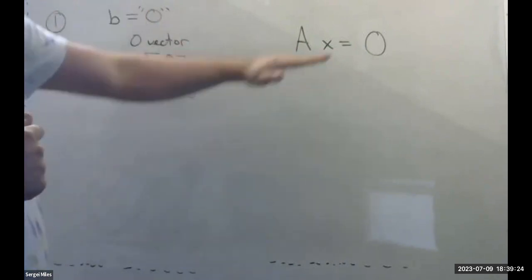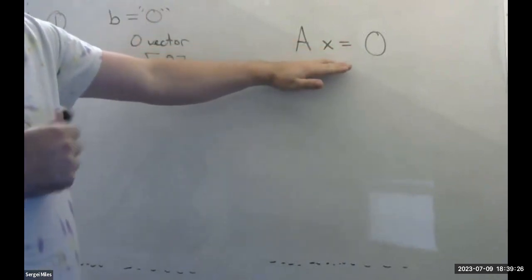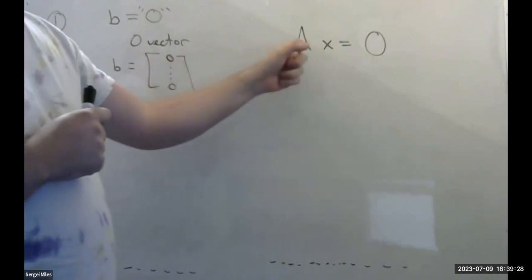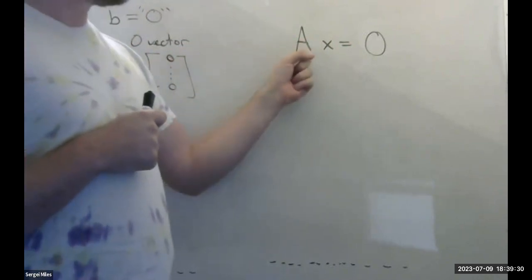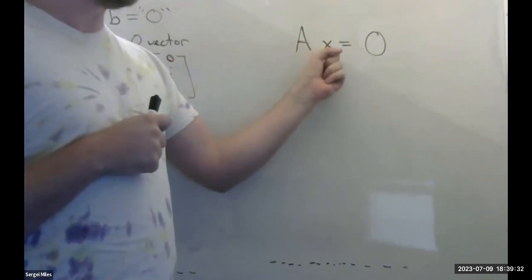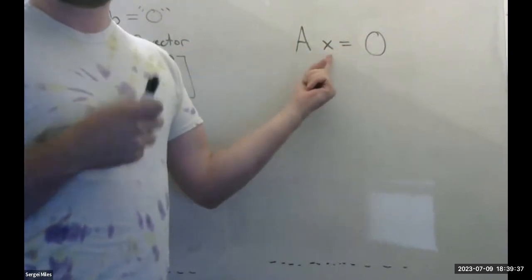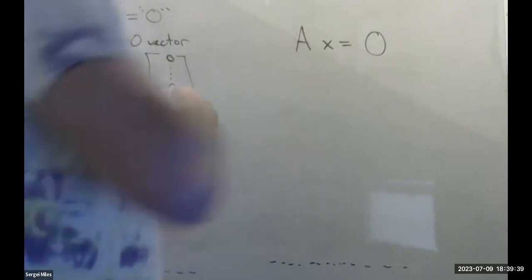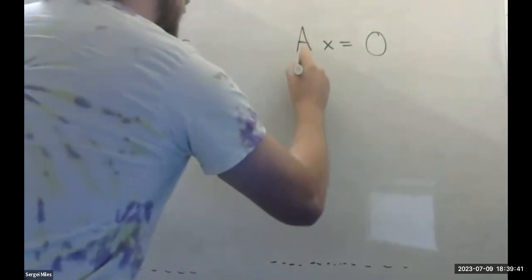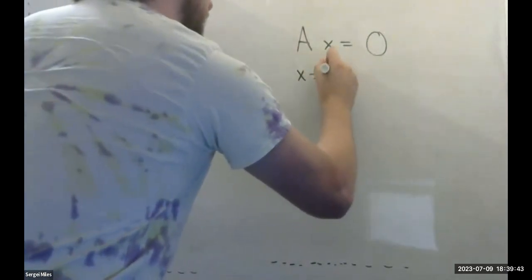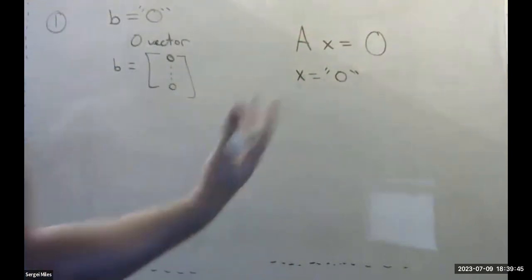Well, first of all, forget about linear algebra for a moment. Forget about matrices. If I say, okay, here's a matrix A, I have some unknown x equals 0, what x do you think would be a solution? Well, you might think x is 0. What do I mean by 0?